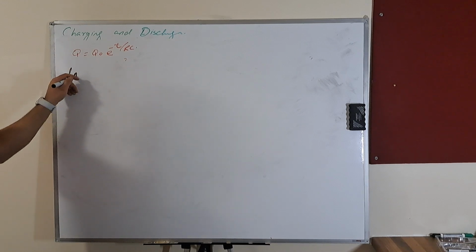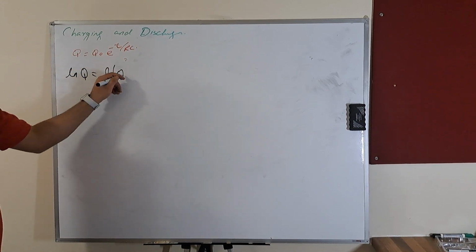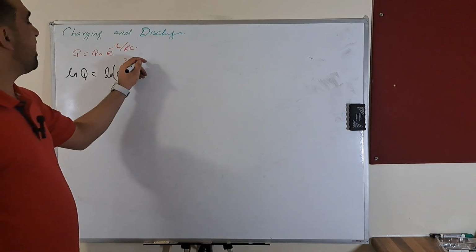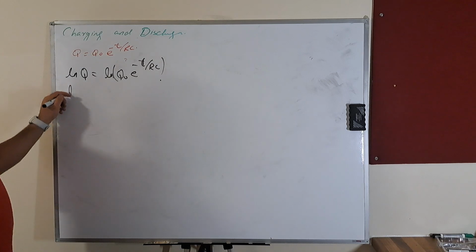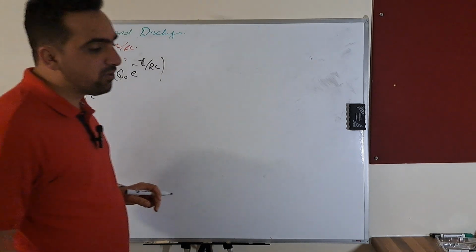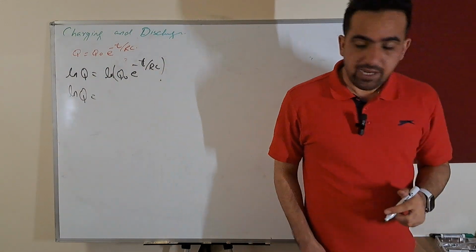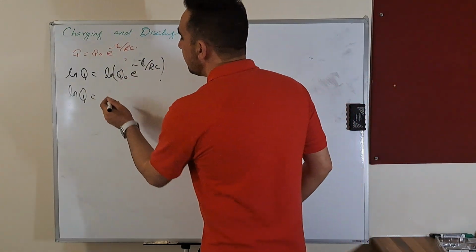So if we take natural log of Q is equal to natural log of Q naught e power minus t divided by RC. Okay, so natural log of Q will become equal to natural log of Q naught, and exponential are multiplying. So what do we get?